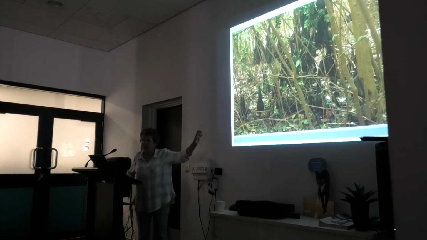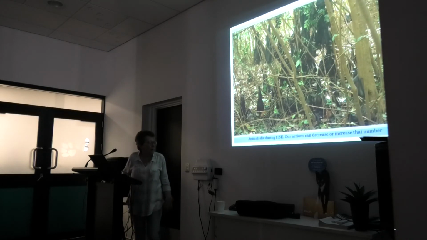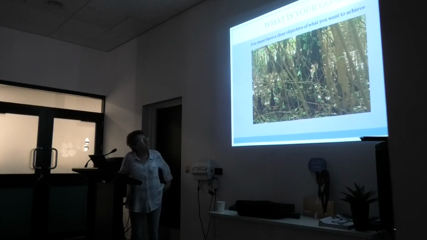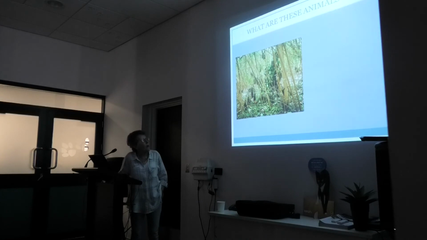Because we're here to assist. We're not going to stop animals from dying, but our actions will decrease or increase that number. You must have a clear objective of what you want to achieve when you're going in. Save the few, support the many. And obviously we want to support the many.